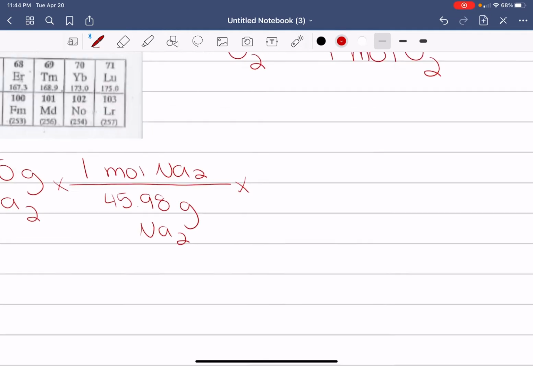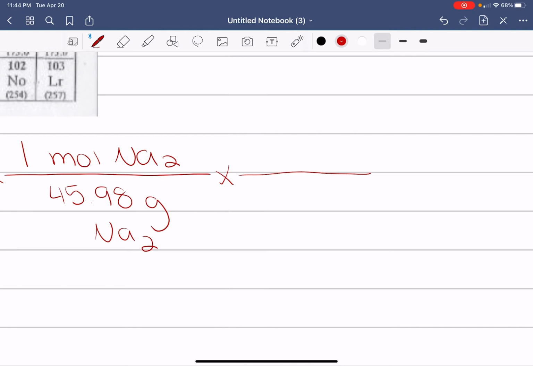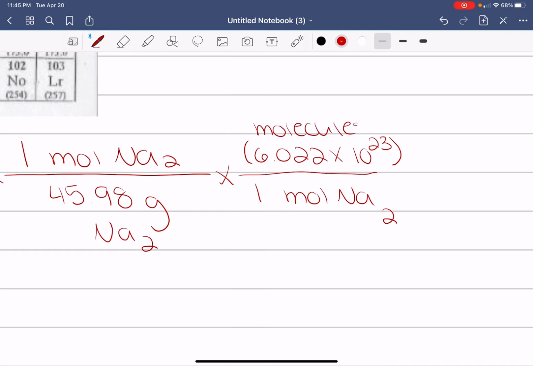Our next step would be the use of Avogadro's number to convert moles to molecules. So we would put at the bottom 1 mole of Na2, and on top Avogadro's number is 6.022 times 10 to the 23rd. And this gives you molecules.